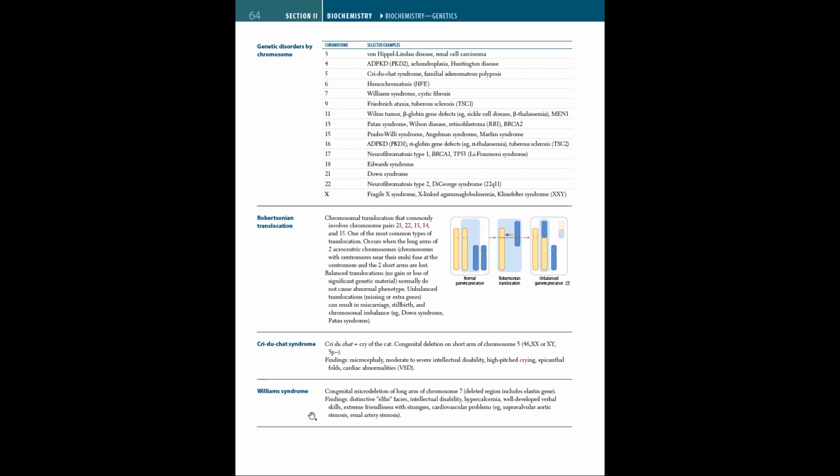Williams syndrome is a congenital microdeletion of the long arm of chromosome number 7. And the deleted region includes the elastin gene. And the findings are distinctive elfin facies, intellectual disability, hypercalcemia, well-developed verbal skills, extreme friendliness with strangers, cardiovascular problems, so supravalvular aortic stenosis, and renal artery stenosis.